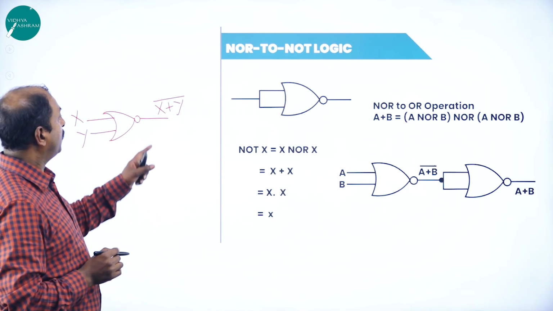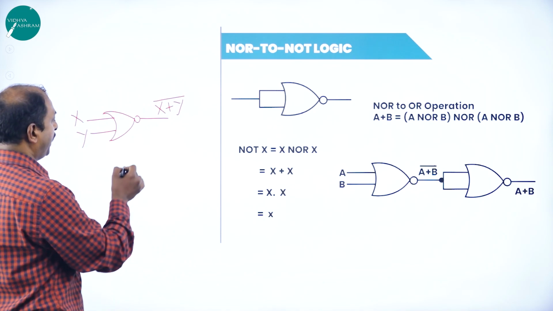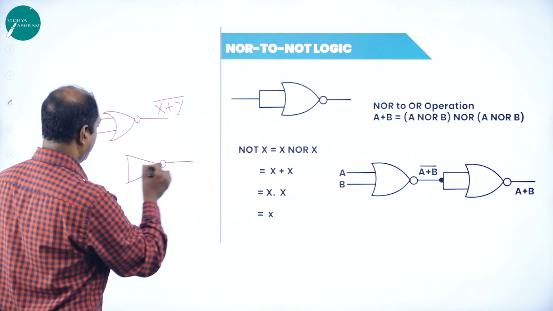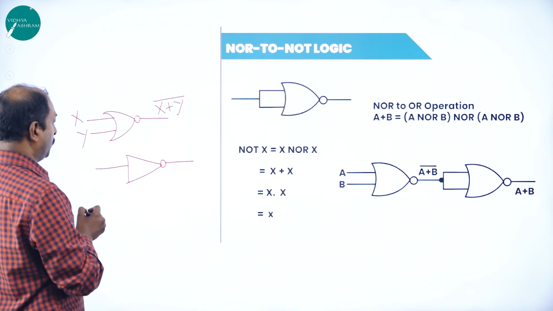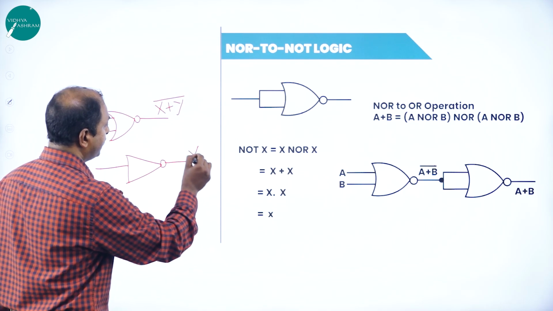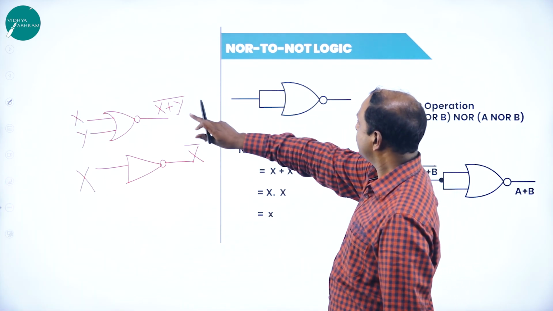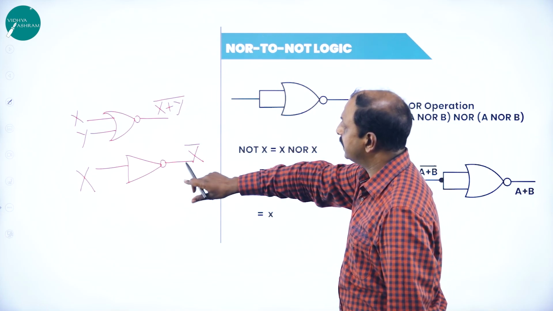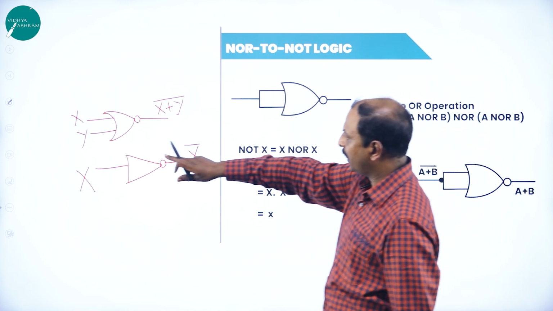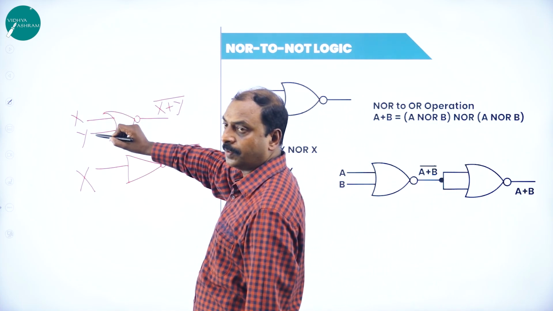This is your NOR gate. So with the help of this, we have to design a NOT gate. What is a NOT gate? A NOT gate takes only one input and gives only one output. Suppose this input is X, the output would be X naught. So now we have to convert this circuit into this circuit. Here, if you look at this NOR gate, you will have two or more inputs.